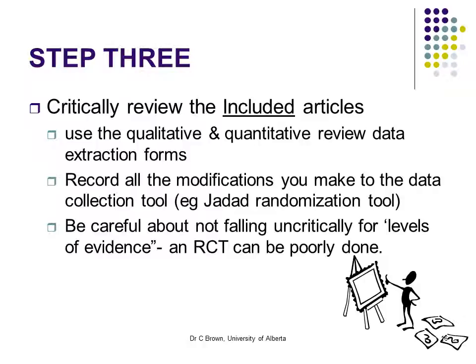The other caution at this point is to not fall uncritically for just going, oh, well, this is an RCT, so it must be good, because we know that from class. RCTs can be poorly done. The methods can be somewhat flawed, right? So you still have to review them all.